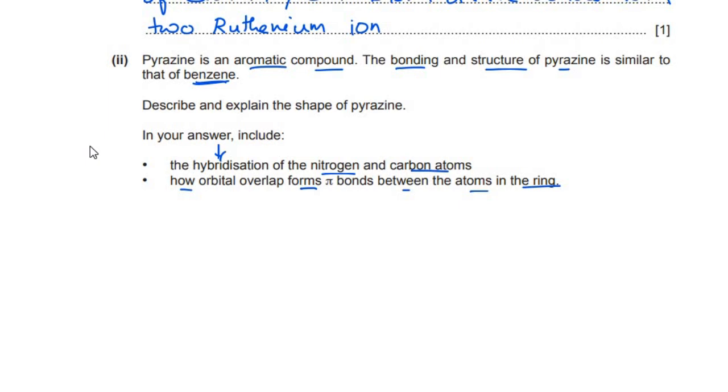Now if you talk about the hybridization, structure and bonding of pyrazine, if we draw a structure like this, we have nitrogen. Obviously such a structure is hexagonal. We can see it's a hexagonal structure with 4 carbon in the ring and 2 nitrogen.